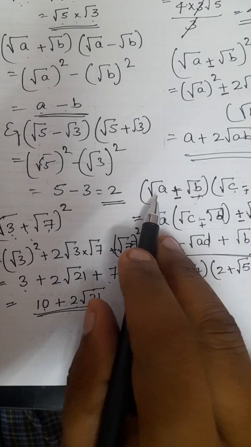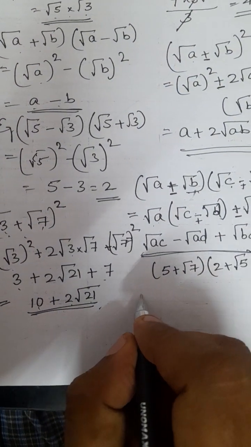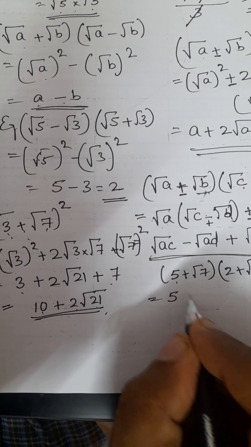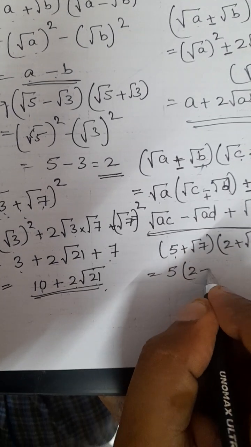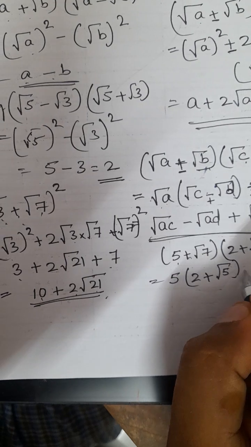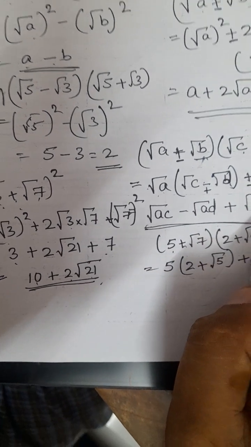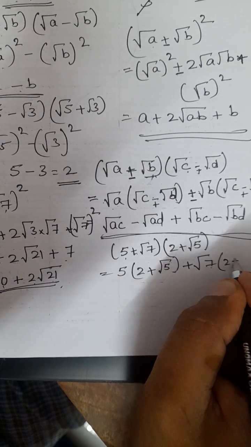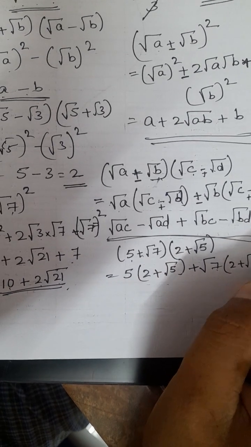So this is again a plus b, but they're different numbers. So you have to say 5 into 2 plus root 5, this plus will come here, root 7 into 2 plus root 5.